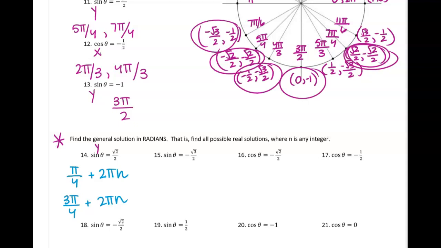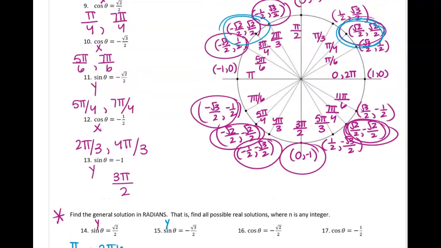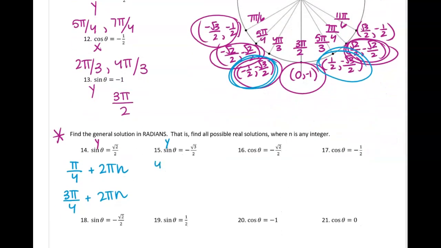Looking at the next one, when is the y value negative √3/2? It looks like it is 4 pi over 3 and 5 pi over 3. So then our answers are 4 pi over 3 plus 2 pi n and 5 pi over 3 plus 2 pi n.